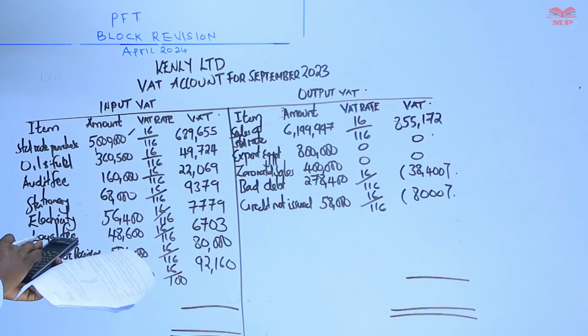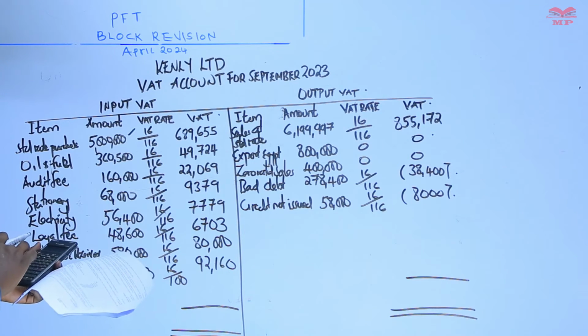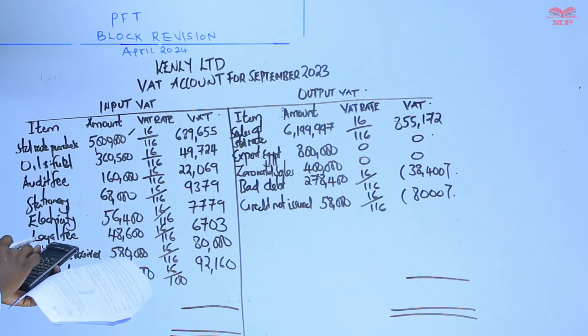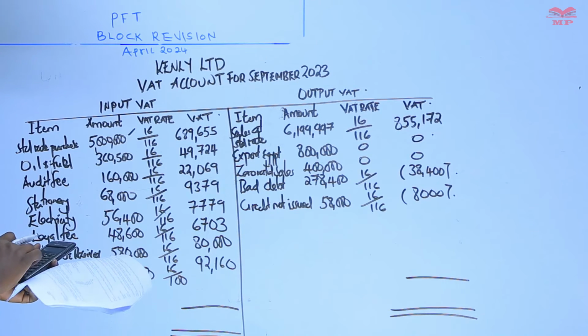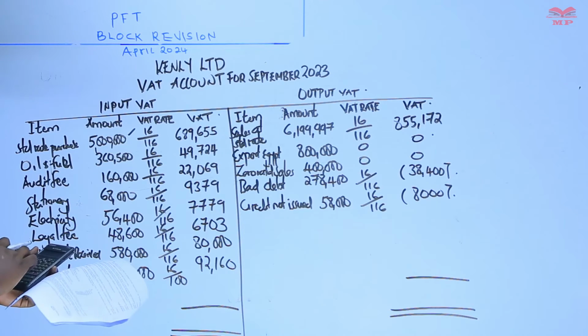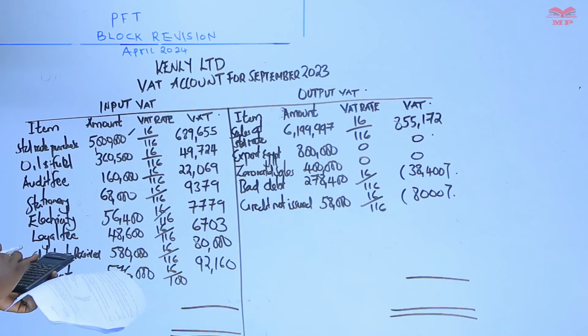So that is 689,655 plus 49,724 plus 22,069 plus 93,79 plus 7779 plus 6703 plus 80,000 plus 92,160.